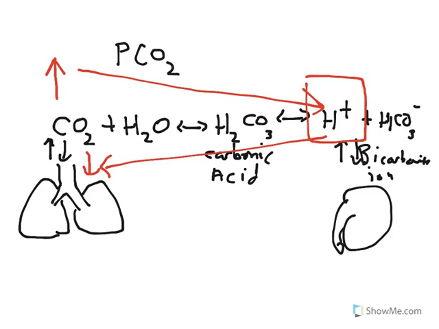My kidneys will respond by urinating more hydrogen ions and reclaiming more bicarbonates. These are the kinds of things you will find very useful if you understand the basic physiology behind the respiratory system and the renal system, and how parts in the kidneys got rid of hydrogen ions in the urinary system.